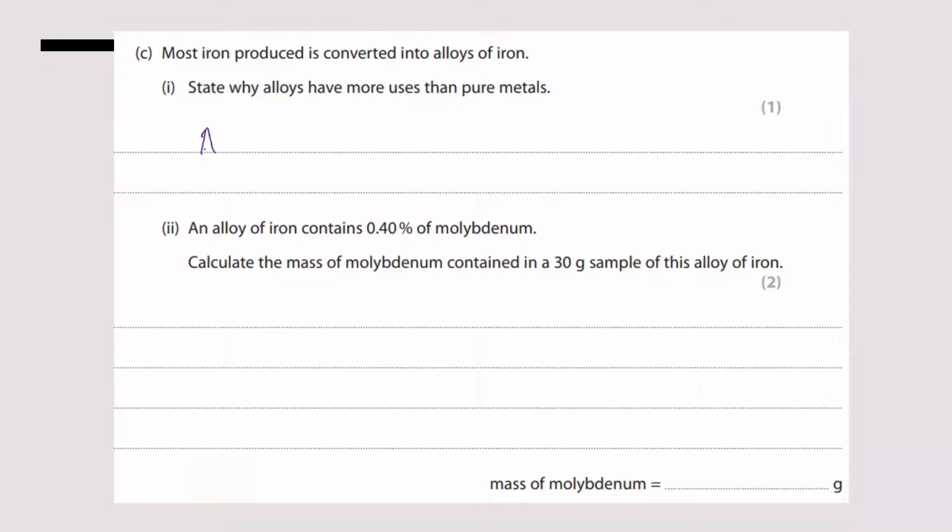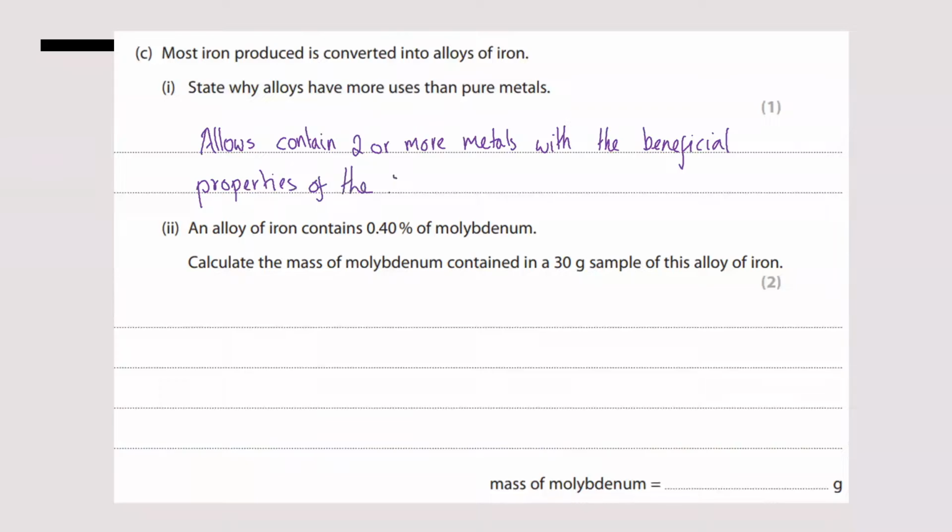So alloys, it's like a mixture, containing 2 or more metals with the beneficial properties of the 2 or more metals, rather than just one.